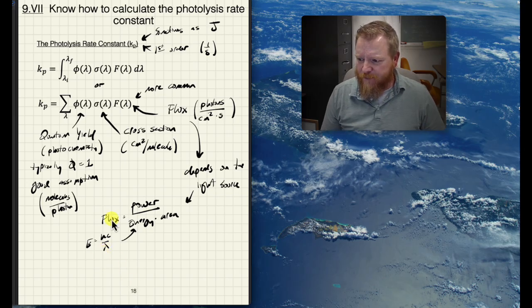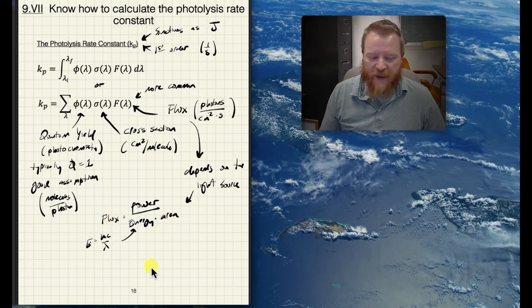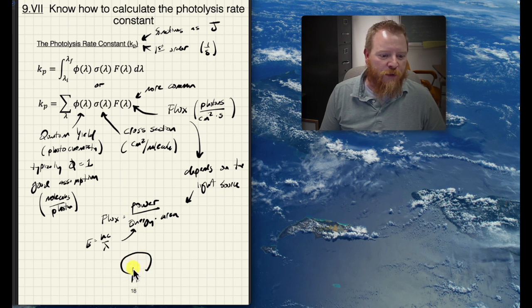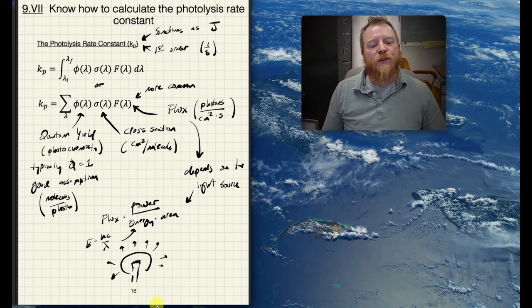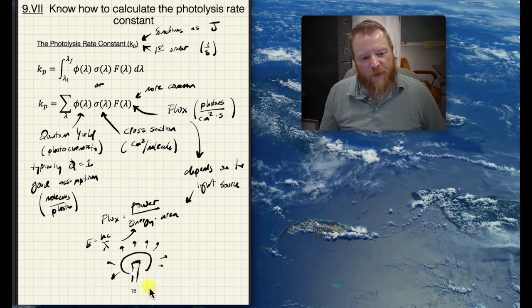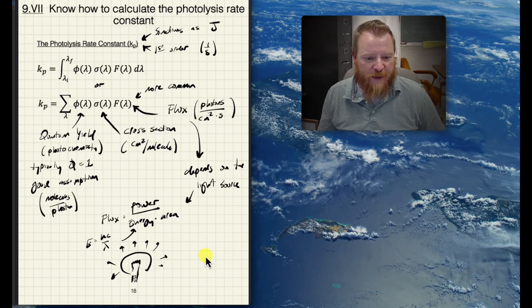The area, actually, it's probably easiest if I draw a picture here. So imagine we've got some light bulb. I'm going to draw a very cartoony looking light bulb. And that light bulb is emitting light all around. What becomes easier to do in a photochemistry experiment is, let's suppose we've got our reaction cell right here.